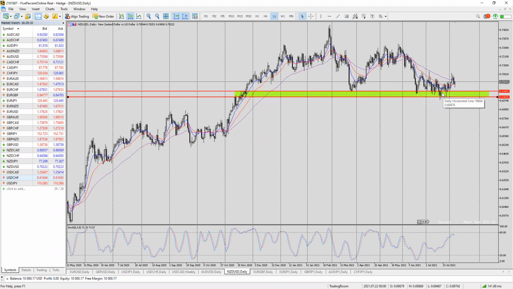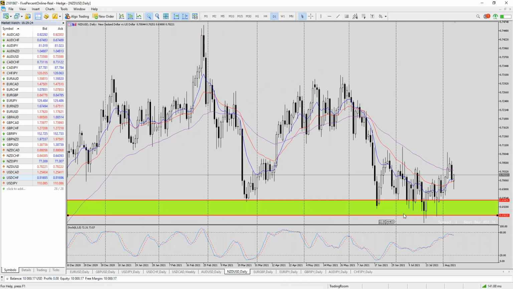So there is some sort of a breakout and then breaking up again. The breakouts are not very strong, not very clear.